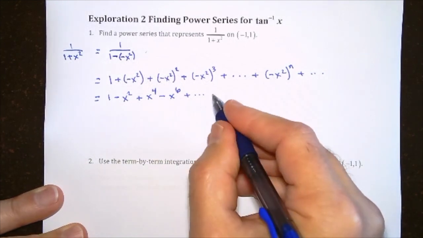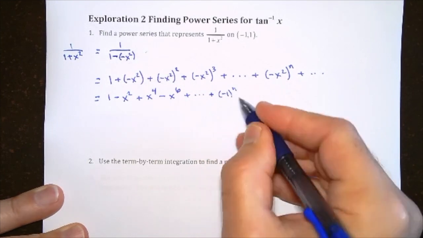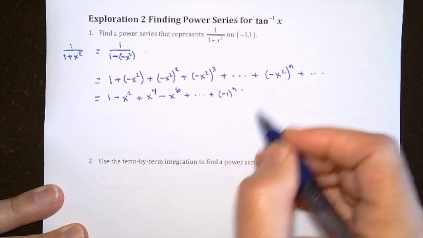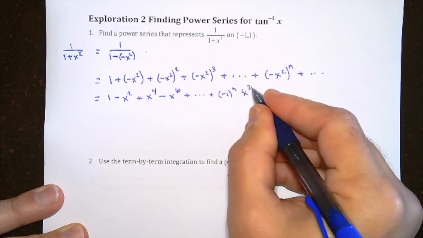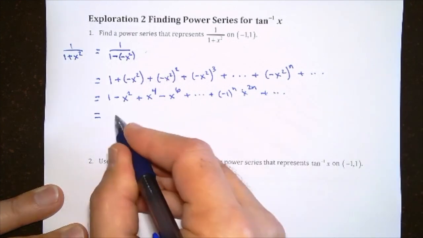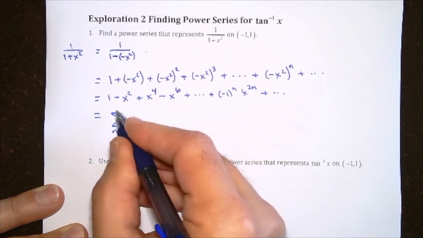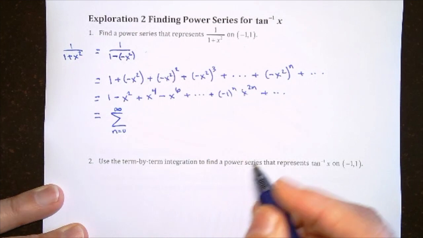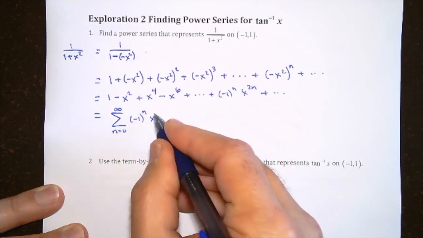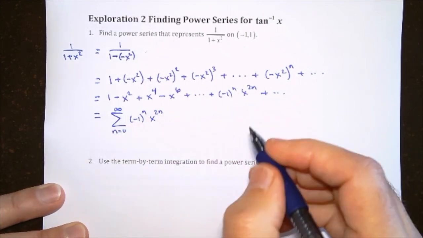And then plus negative 1 to the n, and x squared raised to the n power, which would be x to the 2n power, and then plus dot dot dot. This would be written in sigma notation: sigma n equals 0 to infinity of negative 1 to the n power times x to the 2n power. And what's the interval of convergence?